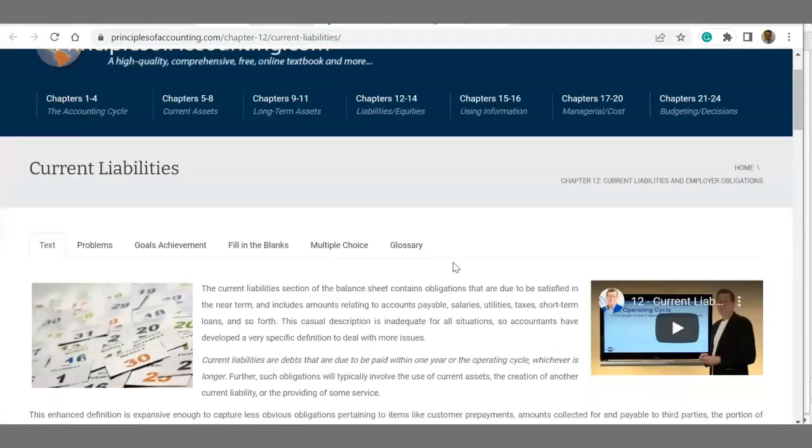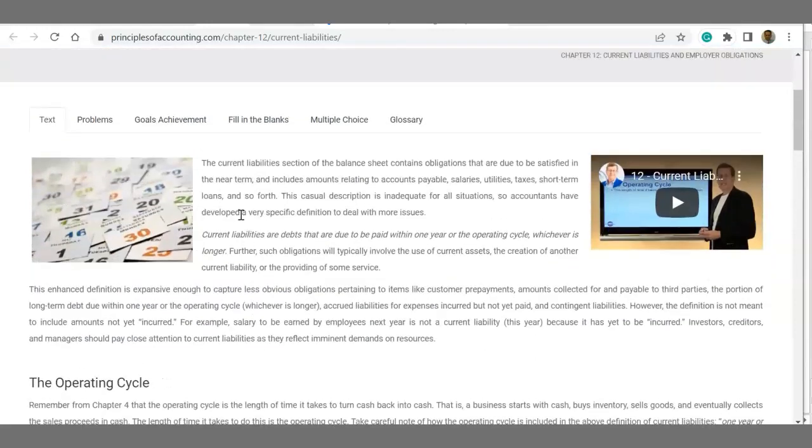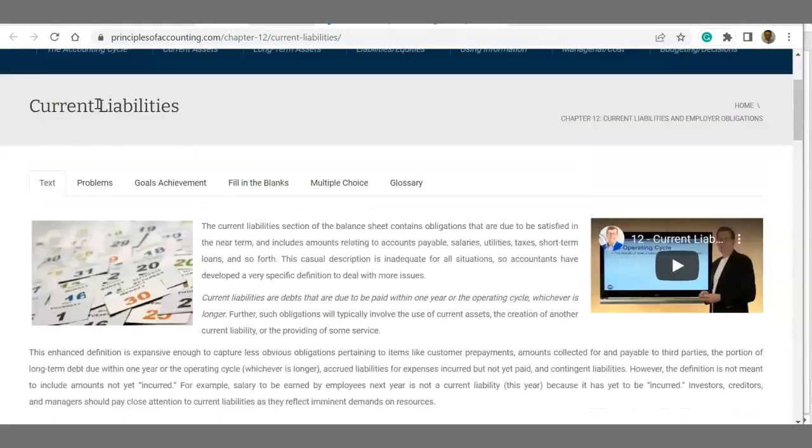So in regards to current liabilities, what are current liabilities? Those are liabilities that need to be paid within the next 12 months or operating cycle, whichever might be longer. In most cases, the operating cycle for a business is 1 year or less, but in some businesses it might be a little bit longer.